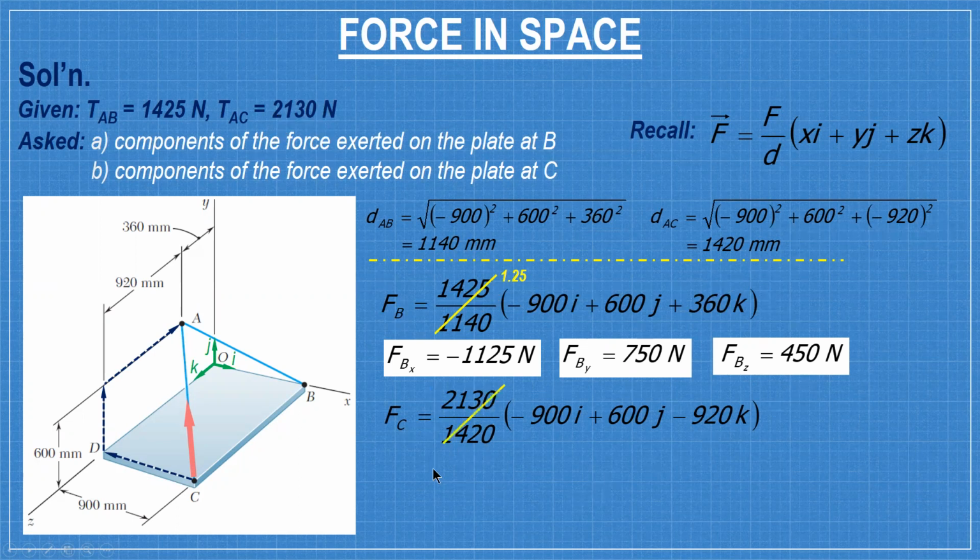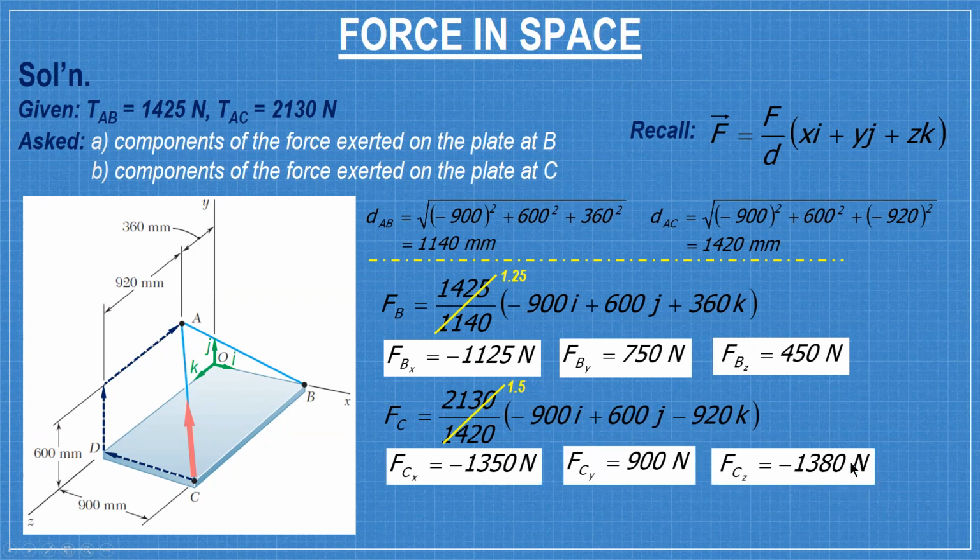So you divide, and the result is 1.5 times 900, 600, and 920, giving FCx, FCy, and FCz. So it depends; it's your choice which to use, the vector form or the individual components, whichever.